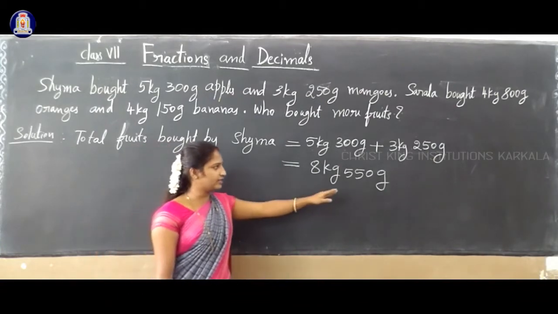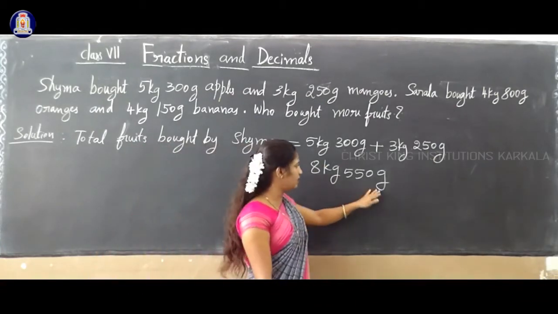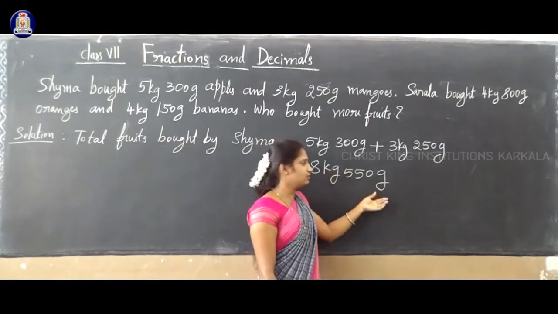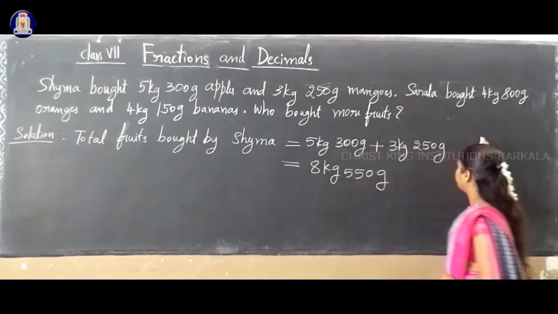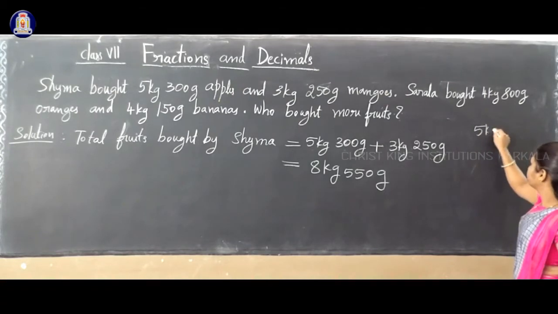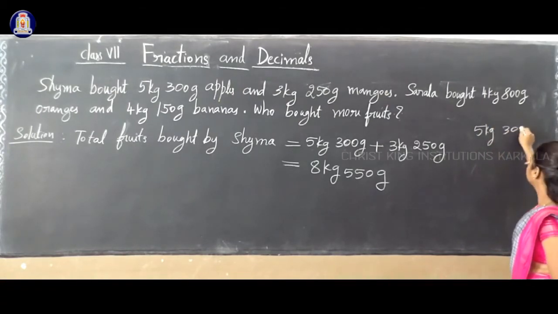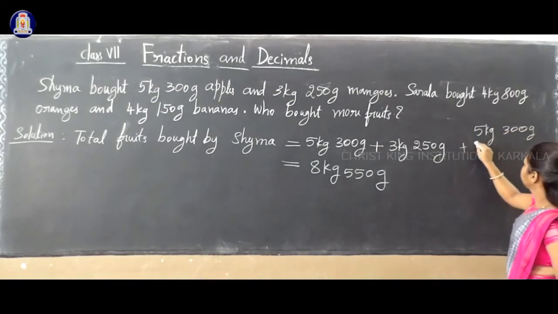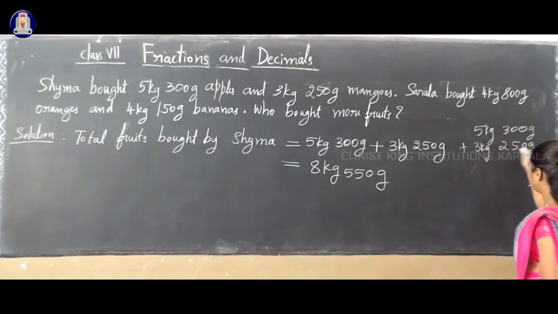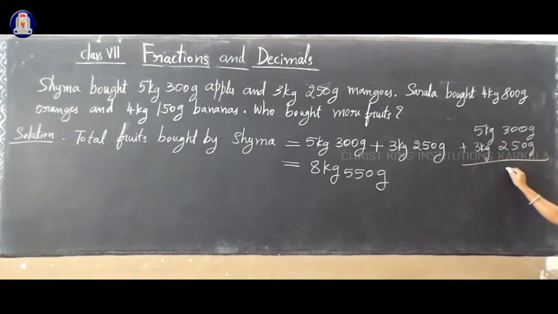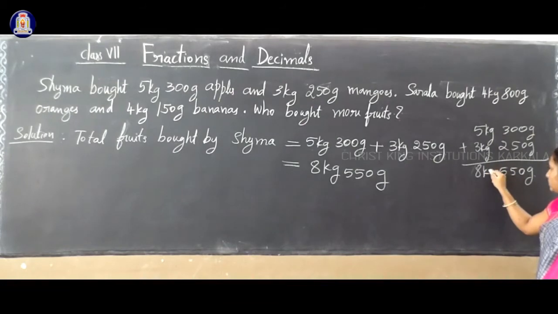If you want, you can convert gram. You can write gram in terms of kg. Clear? So if you want, you can add like this: 5 kg 300 gram plus 3 kg 250 gram. So we'll get 550 gram here and 8 kg, so 8 kg 550 gram.